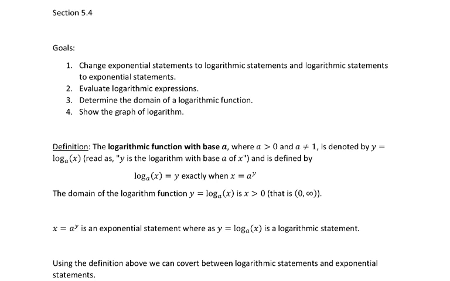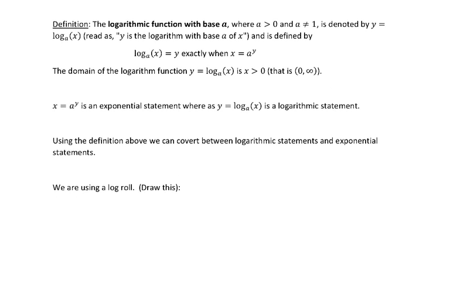So let's jump right in and let's look at the definition. So here's the definition actually. As you can see, we have it right here. The a has to be positive, but it can't equal 1. And this is the notation for the logarithm. It is another function. The actual definition is based on the exponential function, and this is how it's defined.